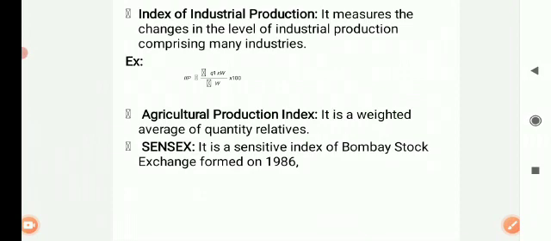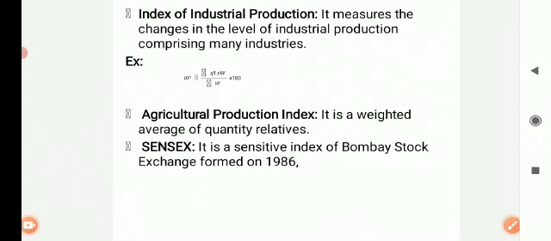The present production level is called the current production level, and the earlier production is called the base year production level of the agriculture sector. The difference between these two averages of total production of the agriculture sector is called the agricultural production index.